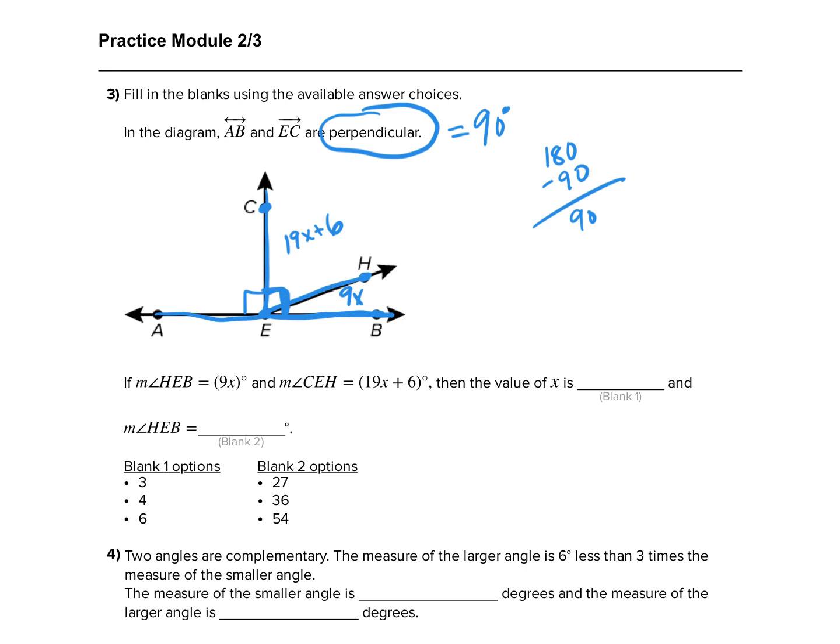They form a 90-degree angle. So I'm going to do 9x plus 19x plus 6, because together the two angles add to 90 degrees. So add my two x's. So 19 plus 9, I believe, gives me 28x plus 6 equals 90.